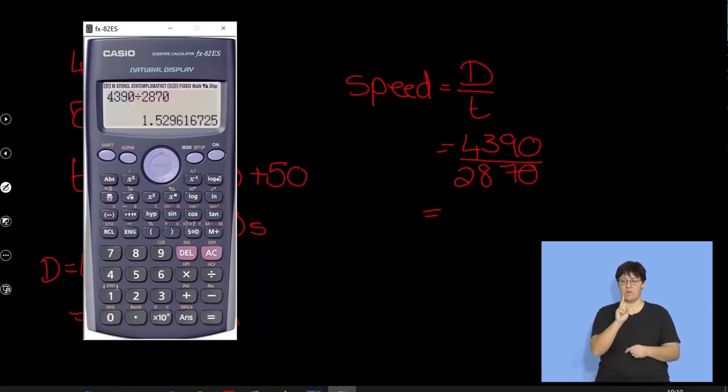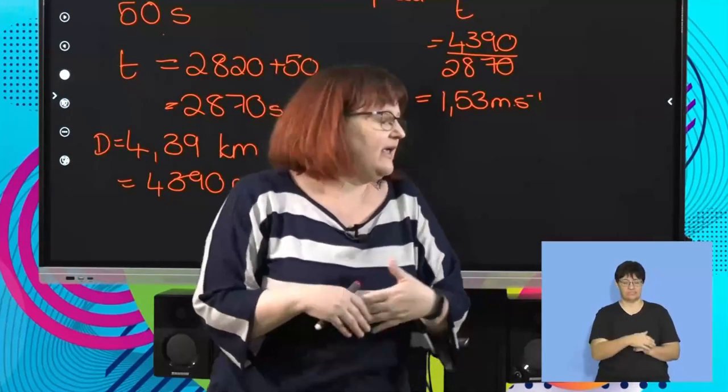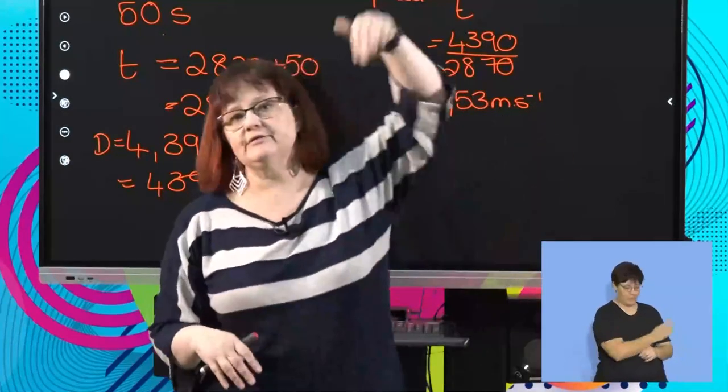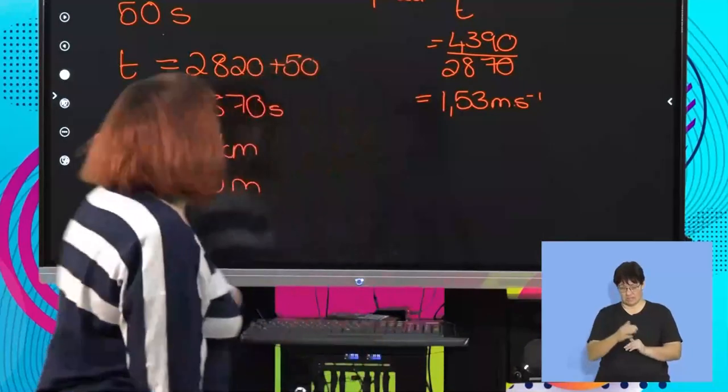Has to be a decimal, so 1.53. So her average speed was 1.53 meters per second. So every second, on average, this isn't her speed at every moment, is 1.53 meters per second. That's her speed. I don't care that it went round all sorts of corners and up and down, that doesn't matter. Okay, that's her average speed.